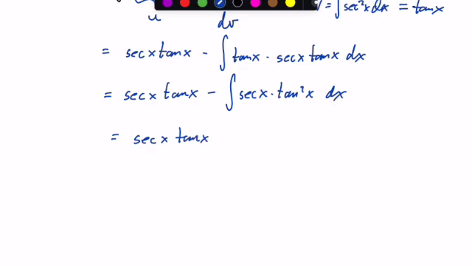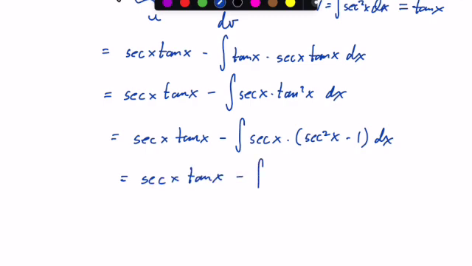And as we said earlier in this video, we know the Pythagorean identity for tan squared. Secant of x tangent of x minus the integral of secant of x times secant squared x minus 1 dx.